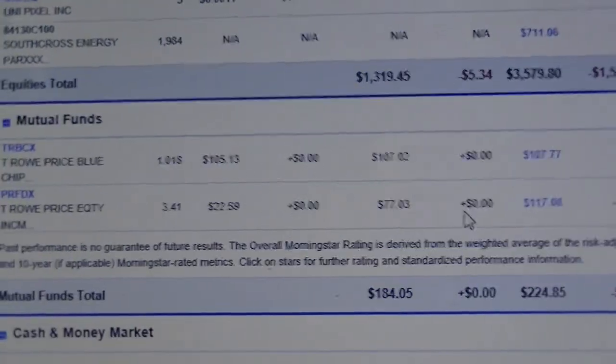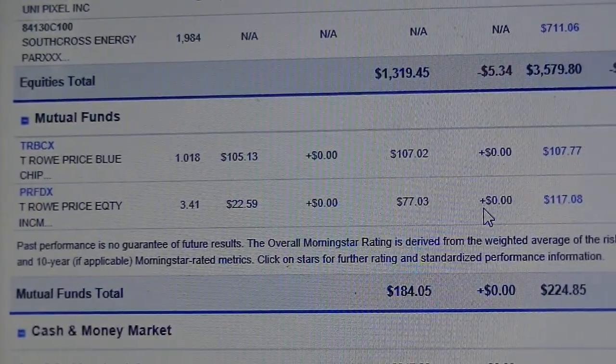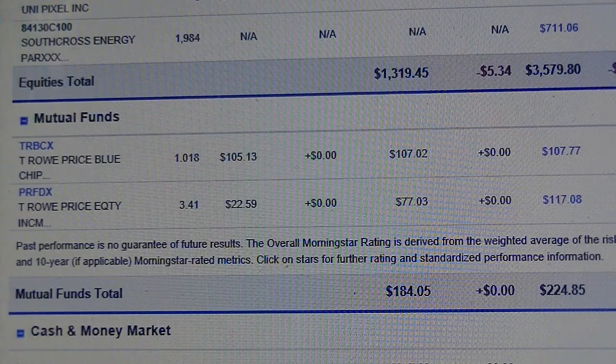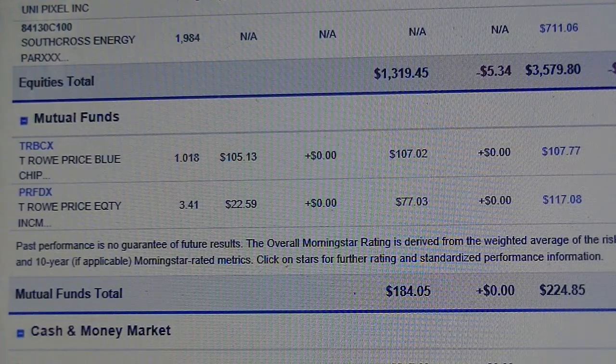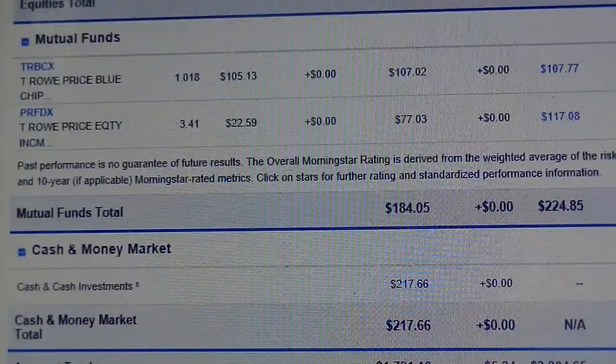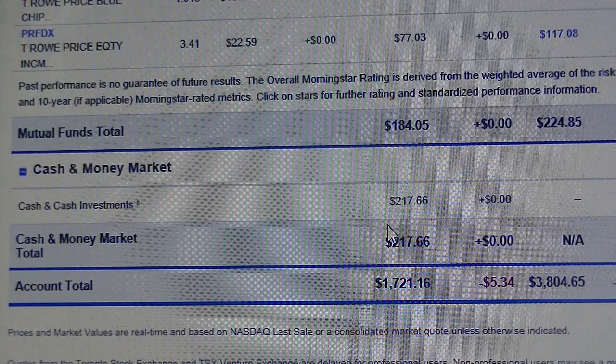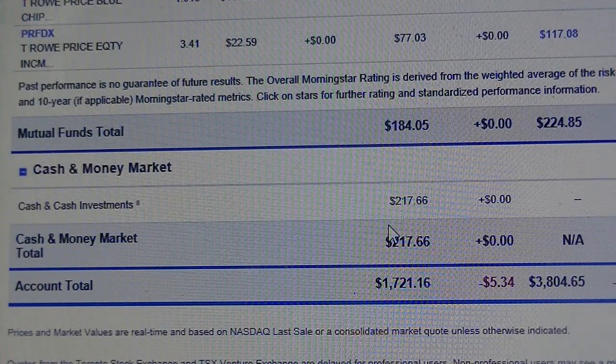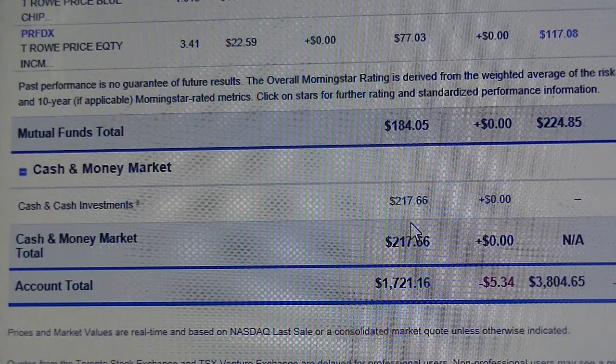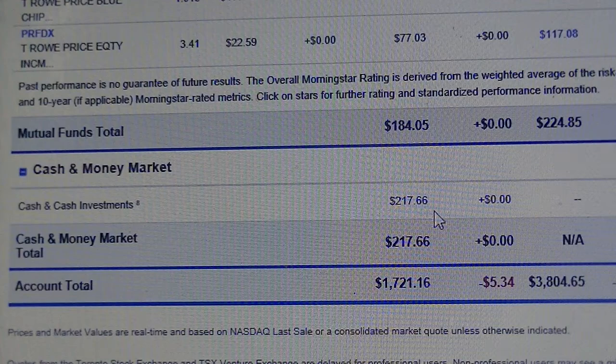It has been our priority. What I do is, when I have a gain, like a stock went up, I'll just sell it to lock in the gain, and I'll just reinvest the amount. So here I have 217 here.